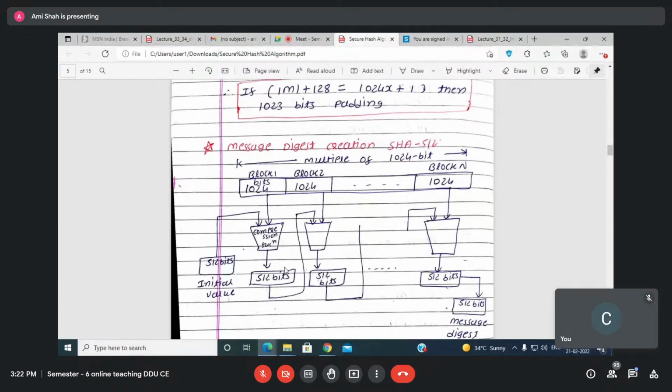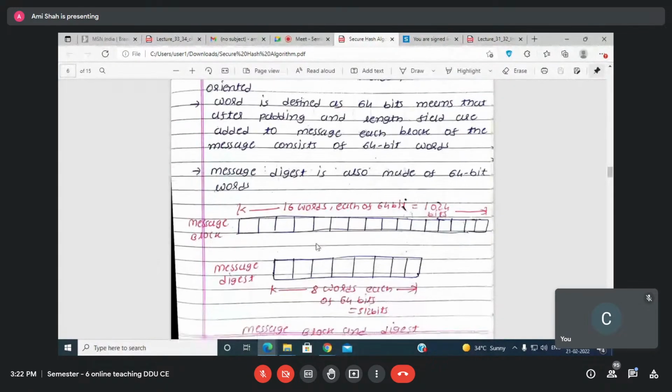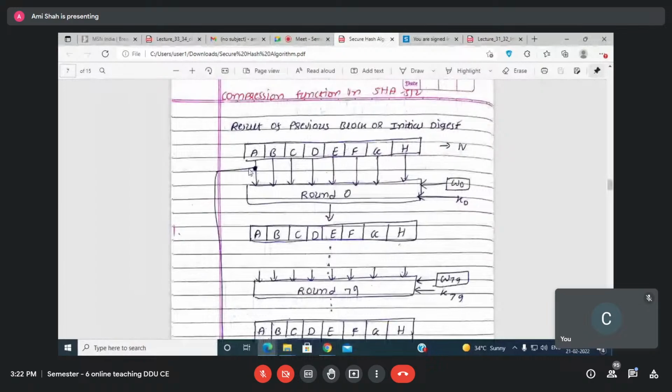Now how do I get the 512 bits? The initial digest is given to you, and a total of round 0 to round 79 are performed. After round 0, what result do I get? Once round 0 is performed, I get some digest.